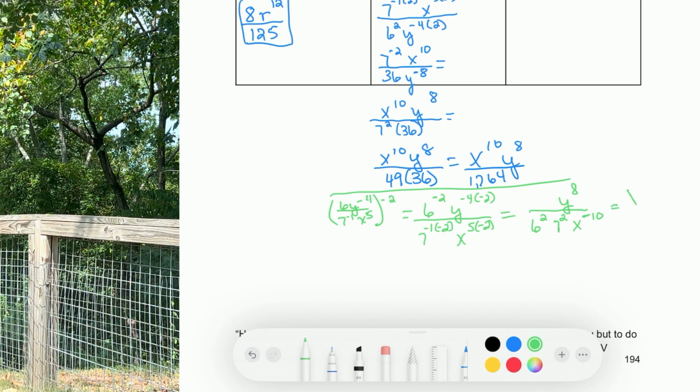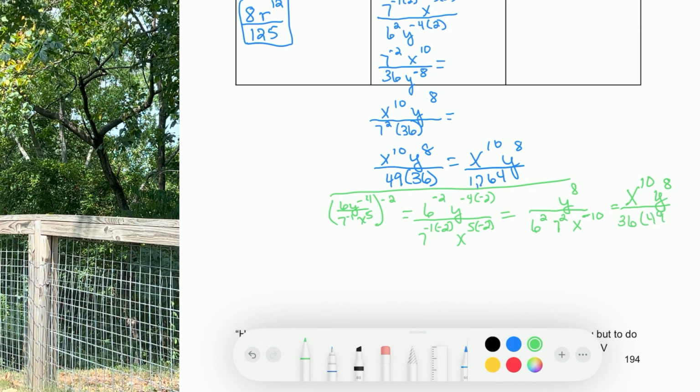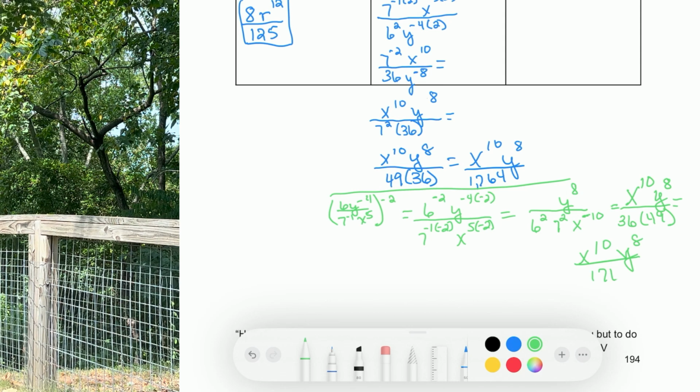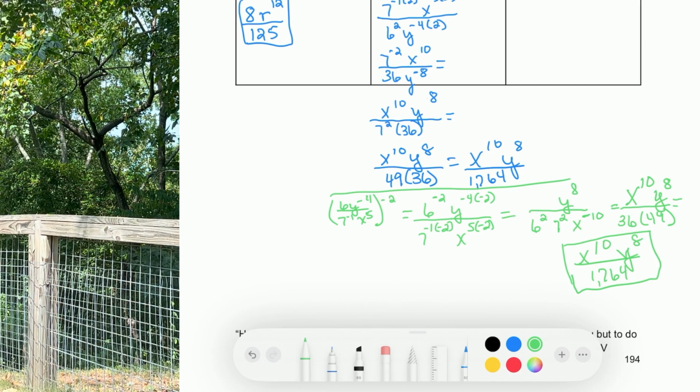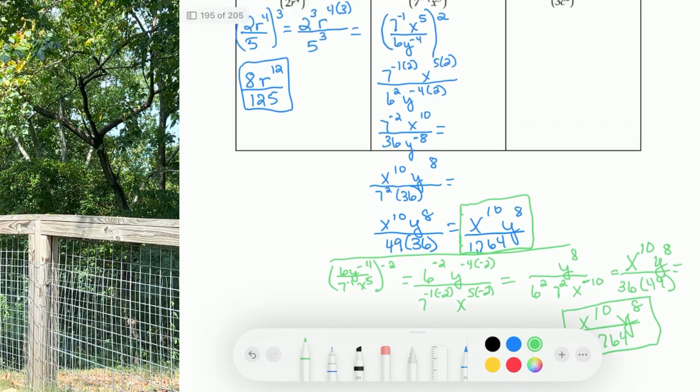So I end up with x to the positive 10 here, y to the positive 8. 6 squared is 36. 7 squared is 49. And I end up with the exact same answer. So this way might be slightly easier just for this particular problem. But again, I wanted to show you both ways so you could see that you have some options depending on the problem, which route you want to go.